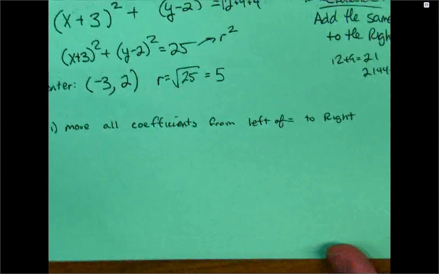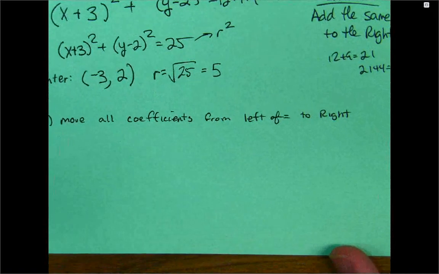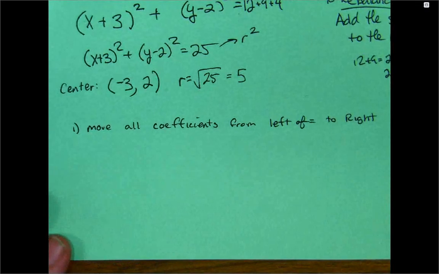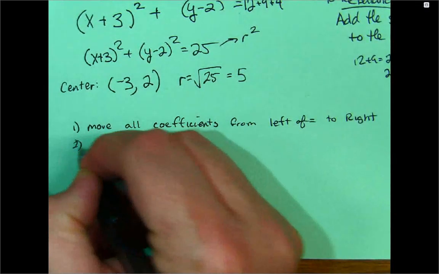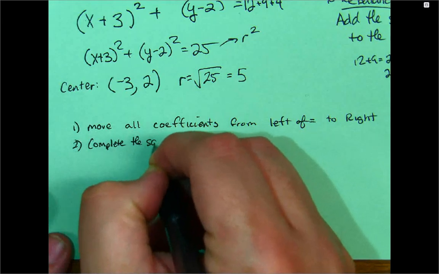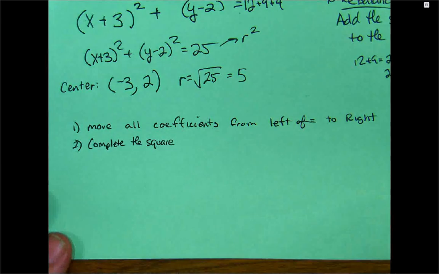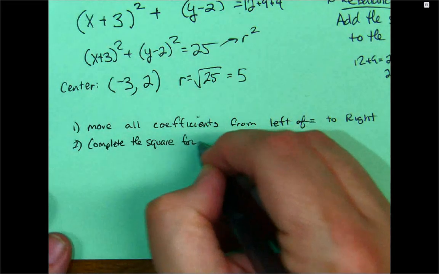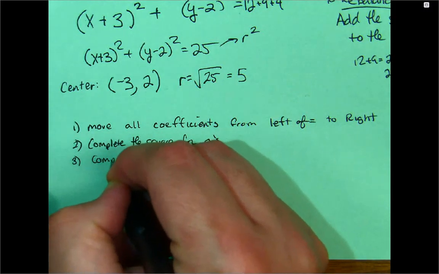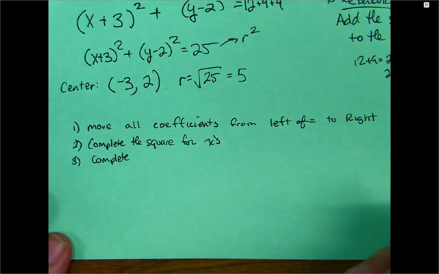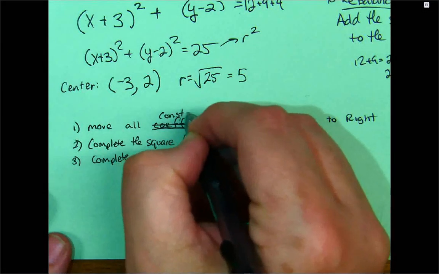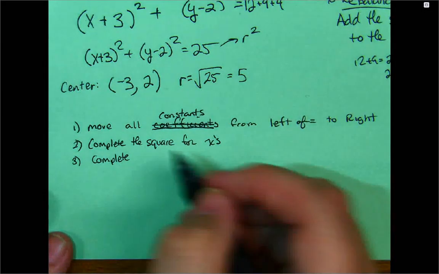First, what you want to do is move all constants from left to right. Complete the square for the x's.